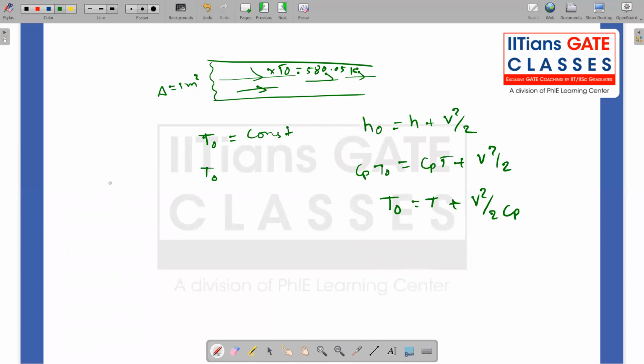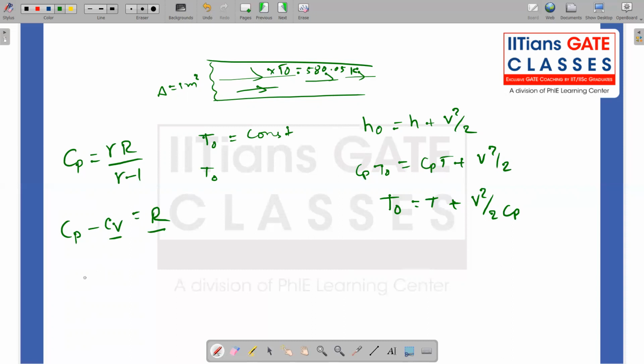Right? So from here, I know what is T naught. I know what is Cp. How can I calculate Cp? Cp is equal to gamma R divided by gamma minus 1. That is one way. Or I have Cp minus Cv, which is equal to R, and Cv is given, R is given.